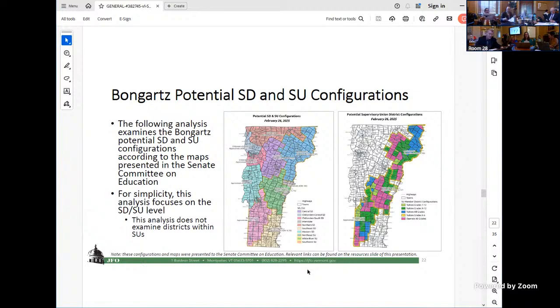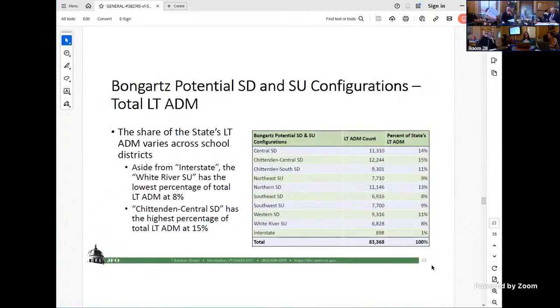I want to note I focused solely at the SD/SU level for simplicity, so we didn't look at the districts within the SUs. This is the total long-term ADM, the number of students within each of these configurations. That percentage is what we're seeing here in the far right column.